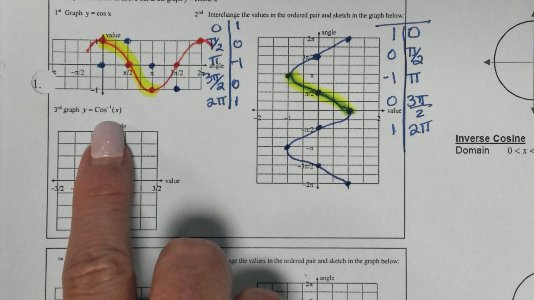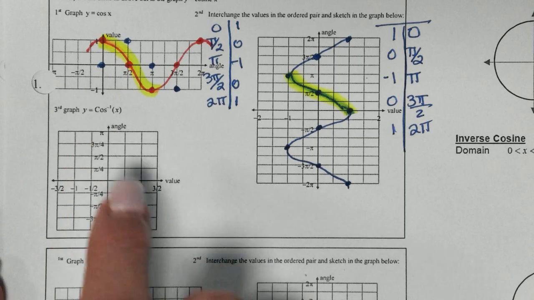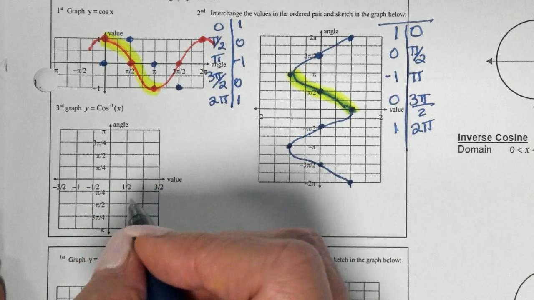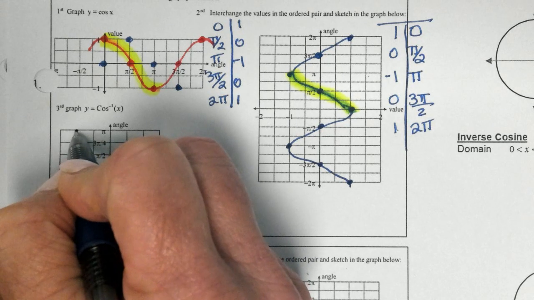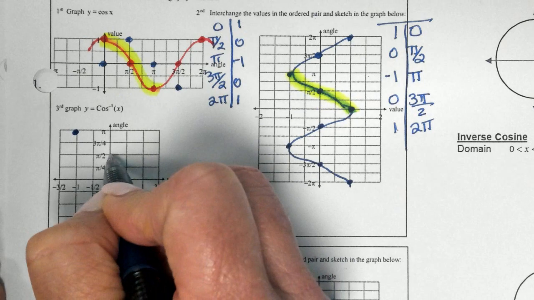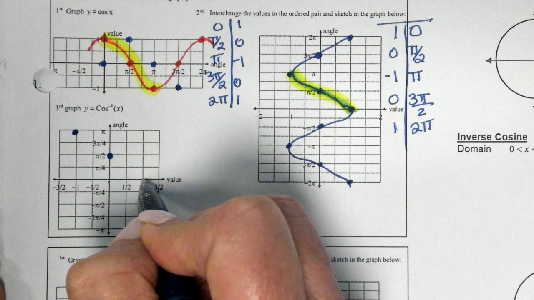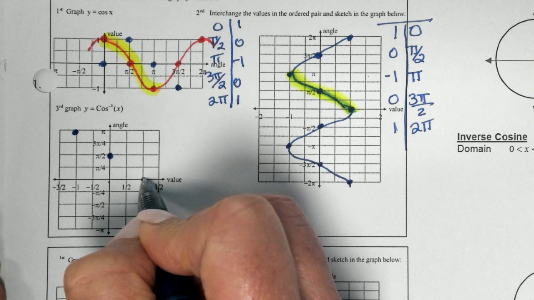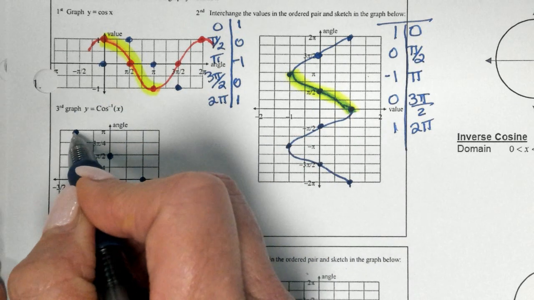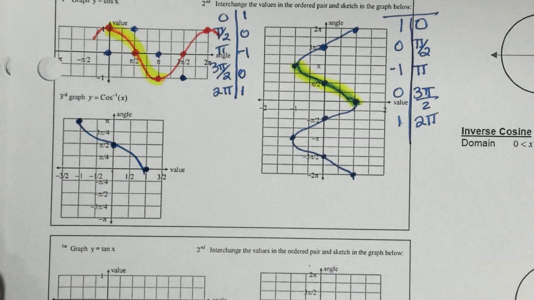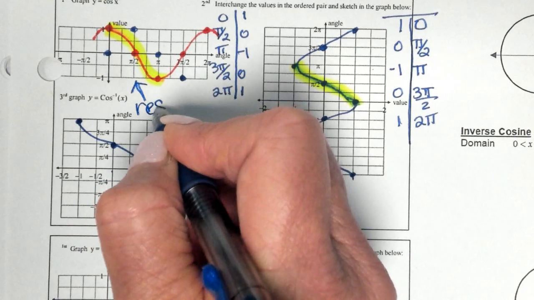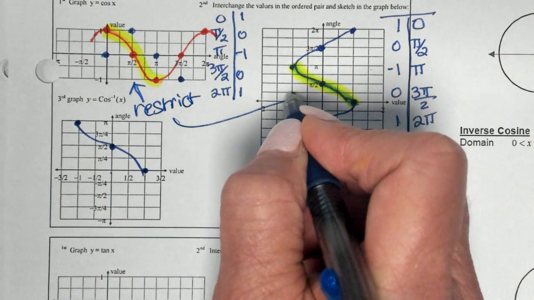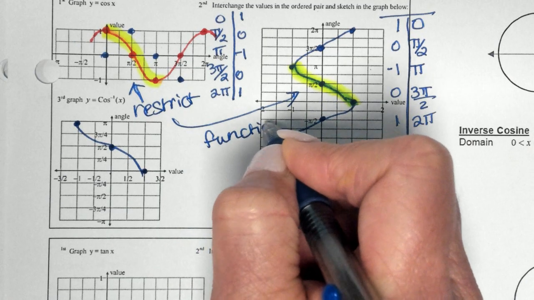So if I was going to graph the inverse function, it would be the points negative 1, pi, 0, pi over 2, and 1, 0. And it curves like such. All right. So we've got our restricted portion so that we get our function right there.